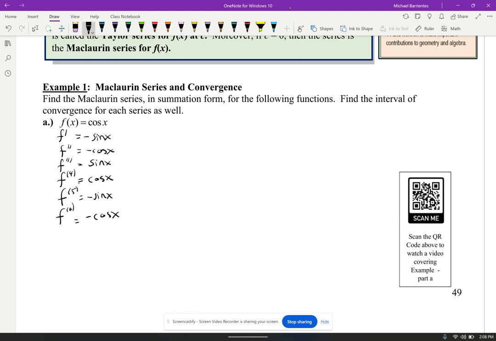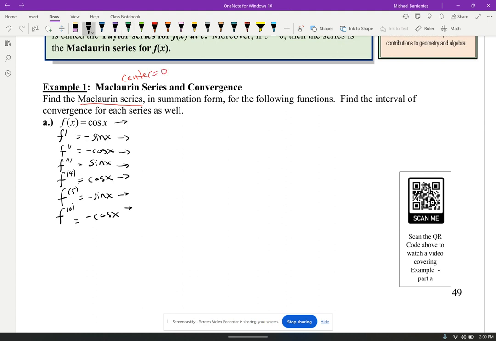Now I'm going to evaluate each of these at the center. They don't tell me what the center is, but implicitly they do, because they tell me the Maclaurin series is what I'm building, and Maclaurin series and polynomials are always centered at zero.